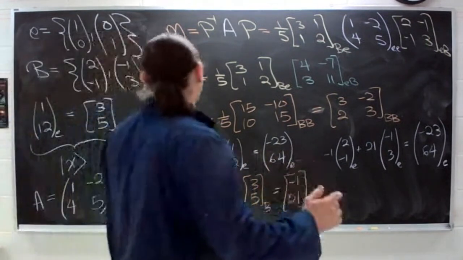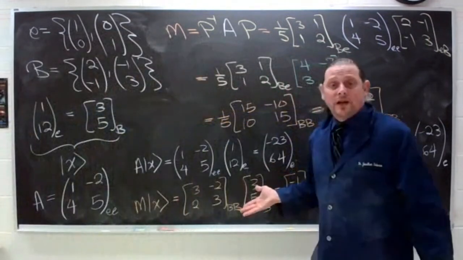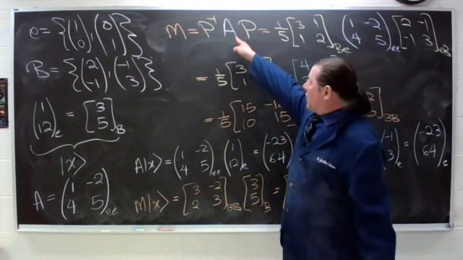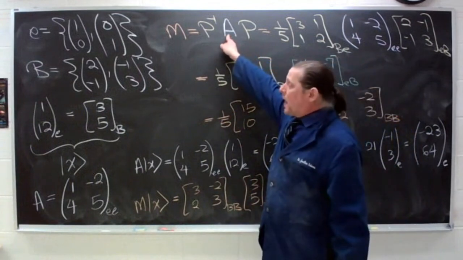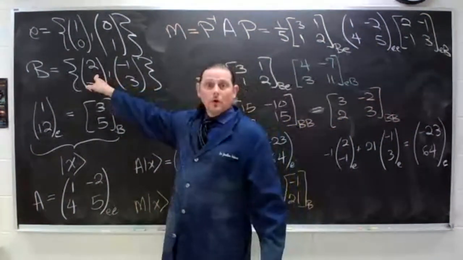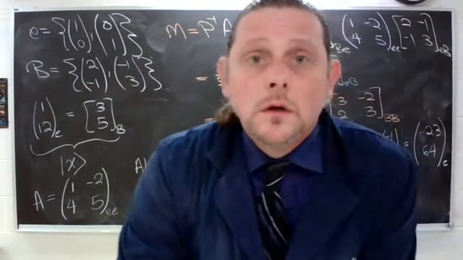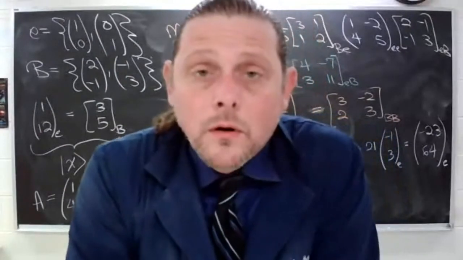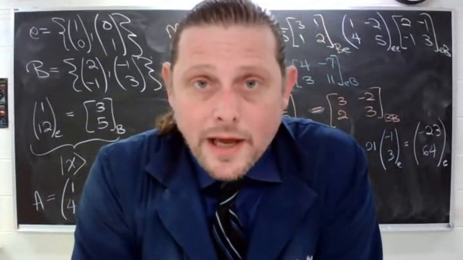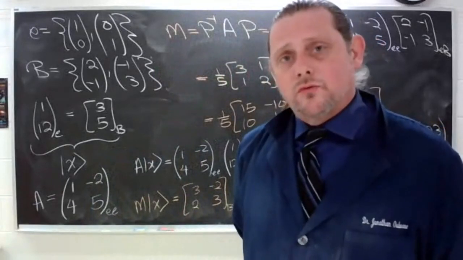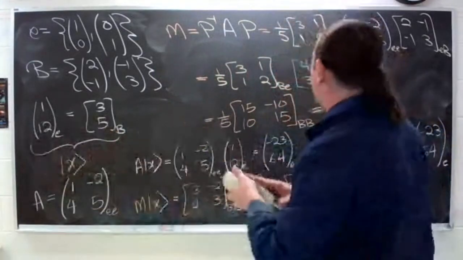Now, that's not to say that there aren't an infinite number of matrices that are related to A in this way, just with respect to different bases. There are. There are certainly an infinite number of matrices that are related to A in this way. But that doesn't mean every matrix is related to A in this way.